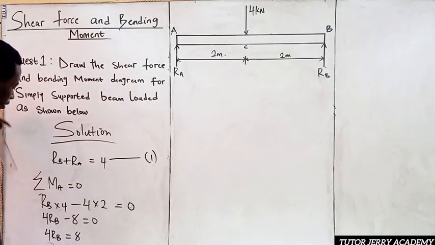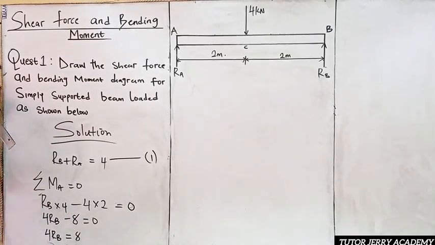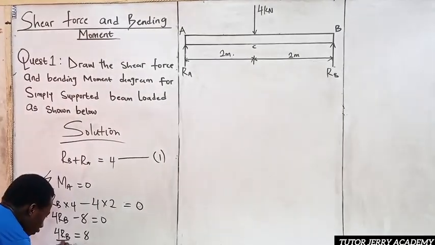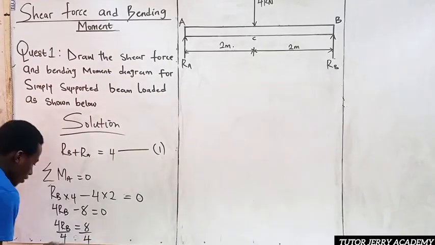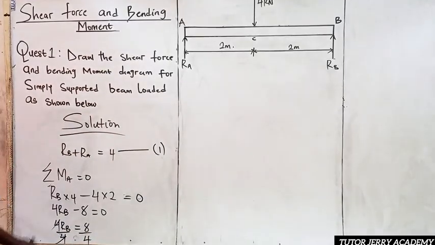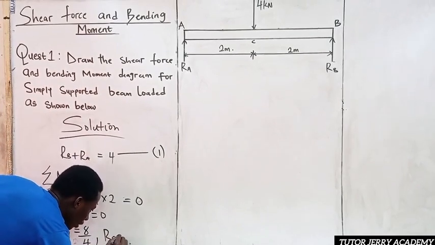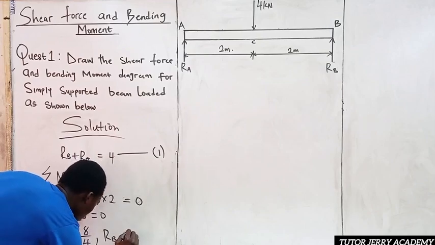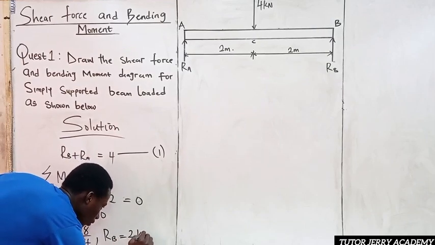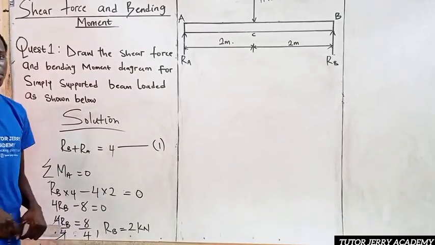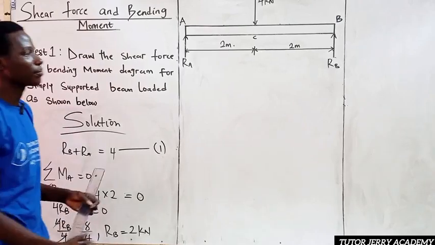Now if I make RB the subject of the formula, I divide both sides by 4. It means that our RB will be equal to 2 kilonewton, because 8 divided by 4 is nothing but 2 kilonewton. So this is our reaction at B.